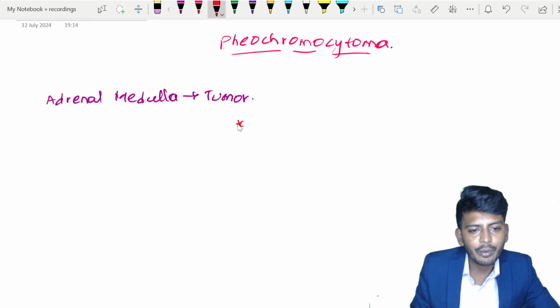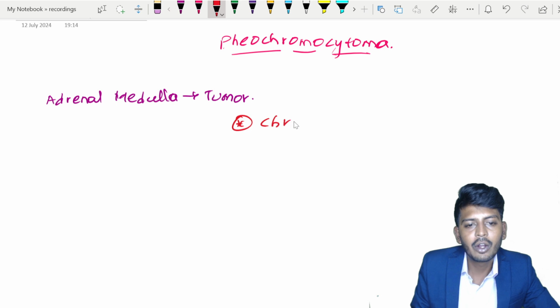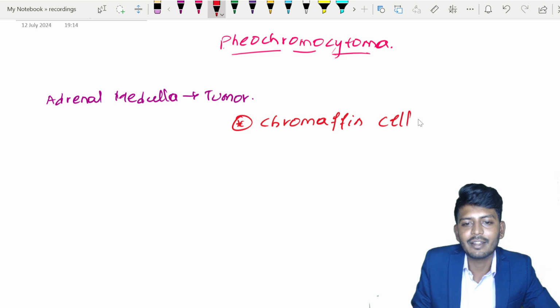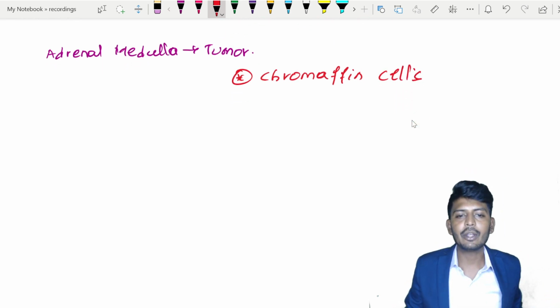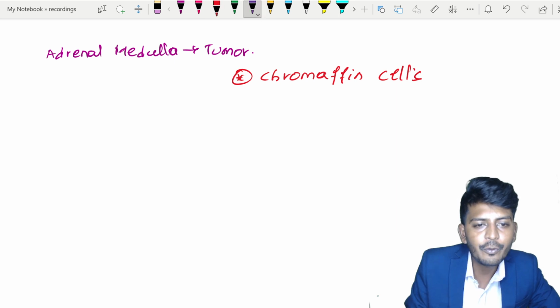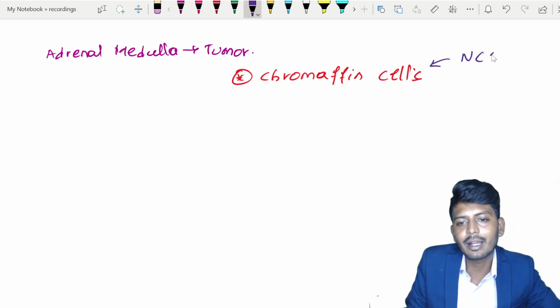My dear students, it is made out of important cells called chromaffin cells. Chromaffin cells compose the adrenal medulla, and they are derived from something called neural crest cells.